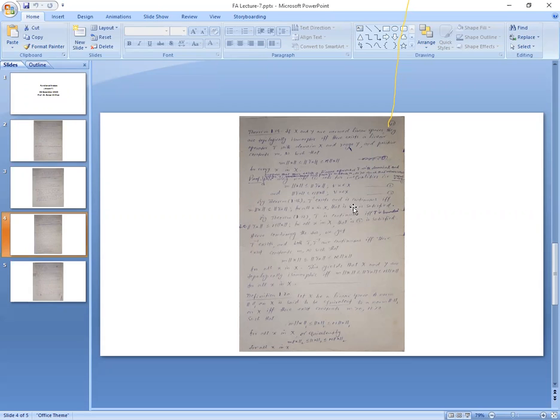Next is one definition. Listen carefully. If you remember, we may define more than one norm on the same linear space.